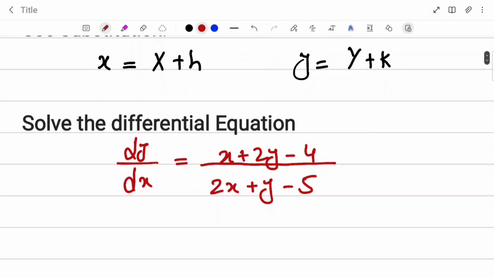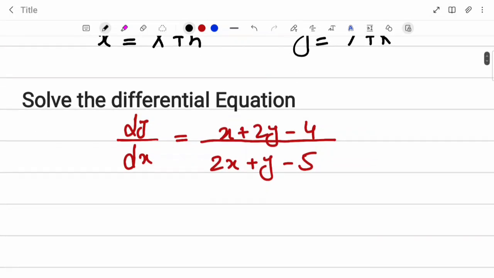Okay, this is the particular question which we are going to deal with in this video. The first and foremost objective is to check a1 over a2 and b1 over b2 in order to ensure whether it's a case 1 or case 2 question.